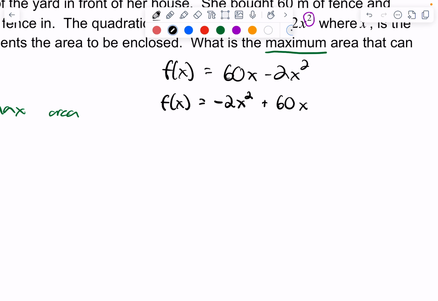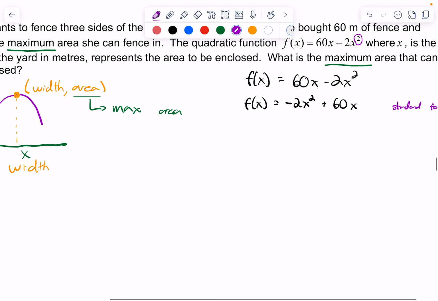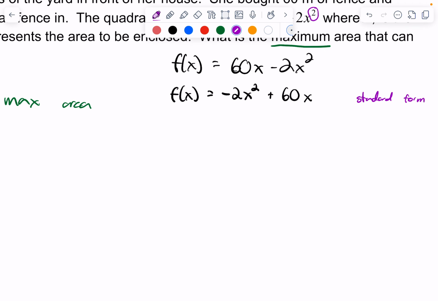Since we are given this in standard form, and big picture, I'm looking for the vertex, we complete the square. So step 1, take out the a value from the first two terms. In this case, we only have two terms. So it's minus 2 times x squared minus 30x.